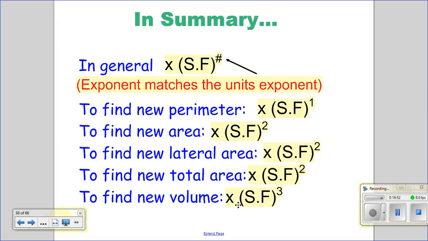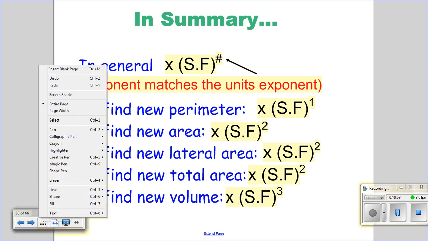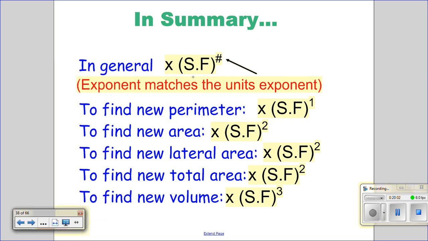So in summary, the little ratio that we were finding, that's also known as your scale factor. So when you see SF, that's what it stands for. This is your scale factor, which was the ratio that we were finding, the reduced ratio.